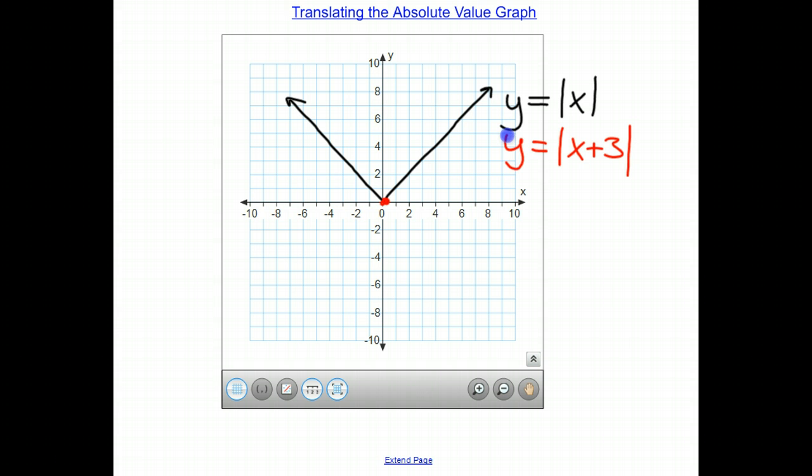If I move this 3 to the left, the entire graph comes with it. Everything moves 3 to the left. So this right here is y equals the absolute value of x plus 3. If I had y equals the absolute value of x minus 3, it would be a shift 3 to the right.